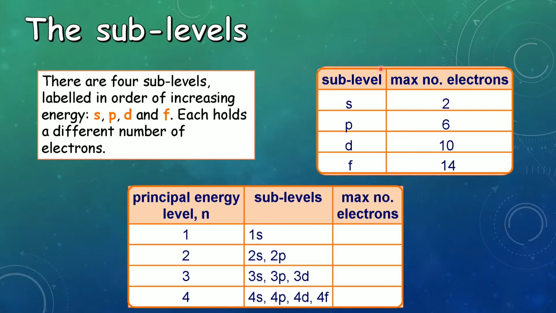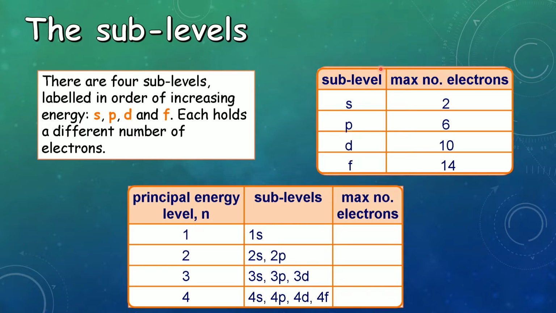For the principal energy level number 2, it has sub-levels S and P, and we also write the number 2 to know that these sub-levels are placed under principal energy level number 2.